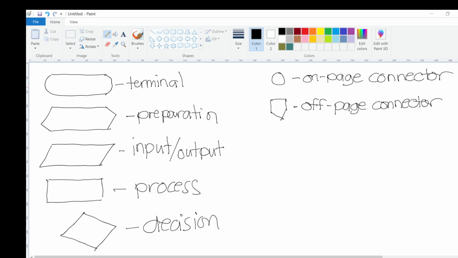It is represented by a pentagon shape and is used to connect one part of a flowchart to another on another page. It helps keep the flowchart clean and organized.